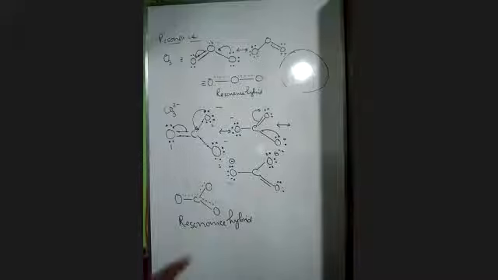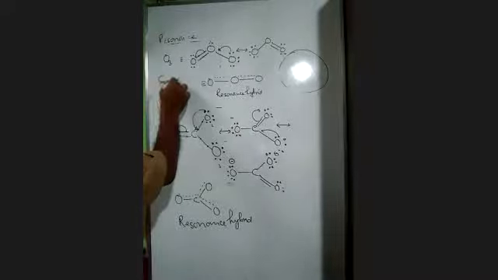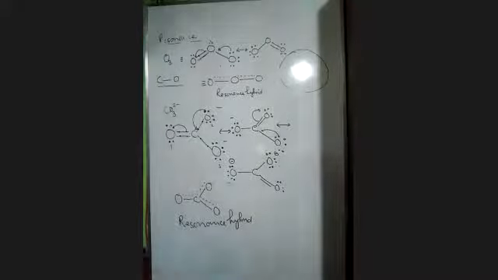But when we take the X-ray, we find only one type of carbon-oxygen bond length. And we know bond length depends upon bond order. There are so many molecules where you can have carbon-oxygen bonds and these bonds are rigid.